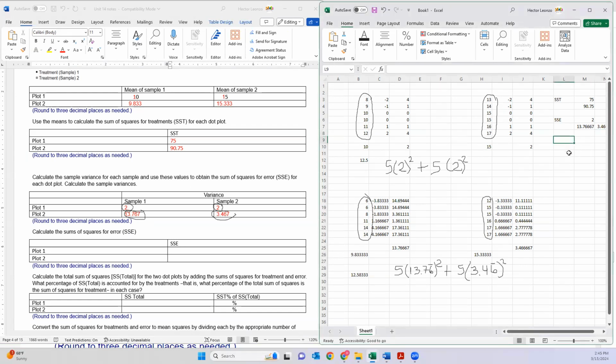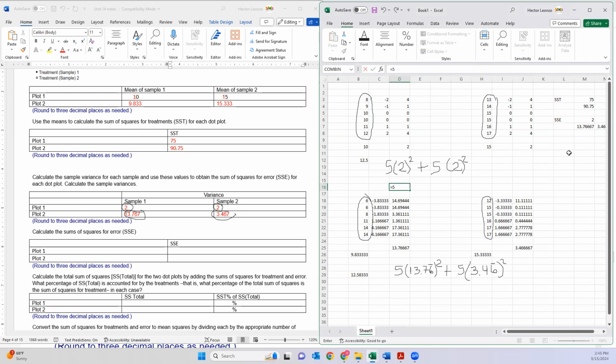So let me keep my labels here. Okay, my labels here, I'm going to do the sum of the squares. As a matter of fact, let me go here.